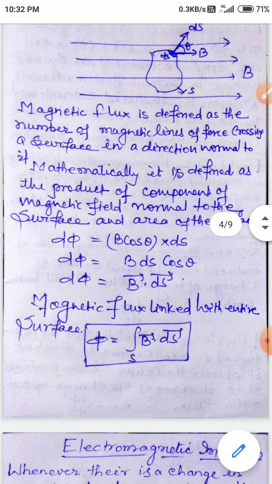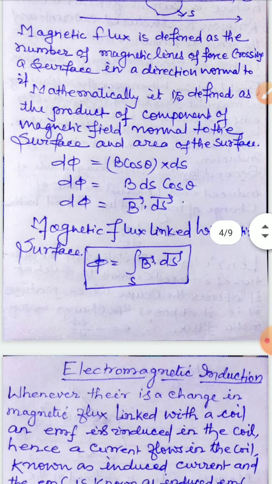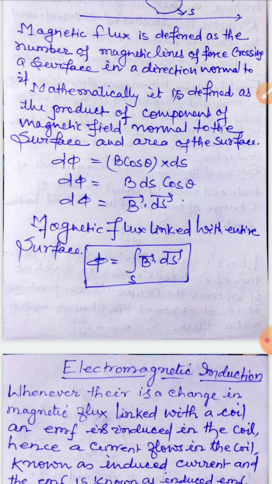So the magnetic flux linked with this elementary surface dS is given as B cos theta, which is the normal component of the magnetic field over the surface, times dS, the area of the surface. So dφ, the magnetic flux linked with the elementary surface area dS, is given as B dot dS.